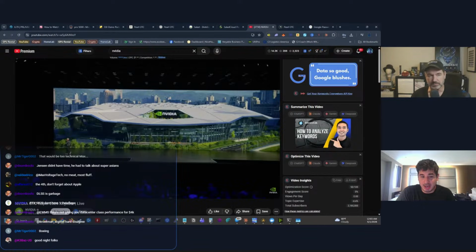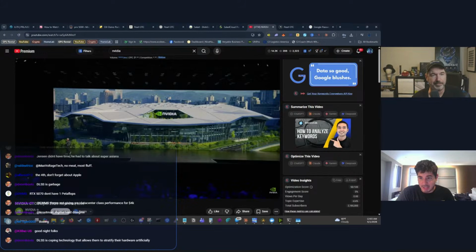Doombots, I honestly disagree with you. Native is dead, and people are in denial about native, and DLSS is not coping technology. Literally, I hated DLSS, and I spent time with the NVIDIA engineers. They showed, we did side by side with a 5090 on native and with DLSS with 4.0 ray reconstruction, not 4.5, with heavy ray trace.